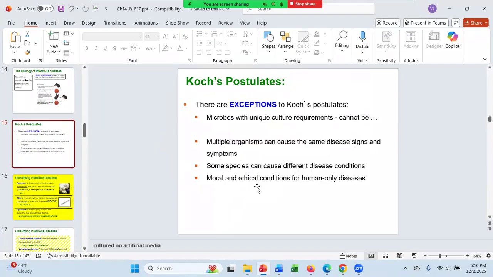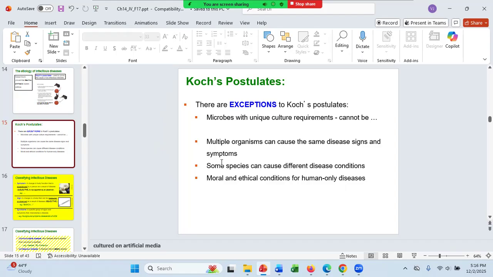well, there's some moral and ethical conditions for human-only disease. Like, how do we know that HIV causes the human disease AIDS? Has anyone ever injected a patient with HIV virus and then later checked them and found that they had AIDS? That would be a moral and ethical reason not to do that. And I can tell you, no one's ever purposely injected HIV into a patient and then later discovered they got AIDS.